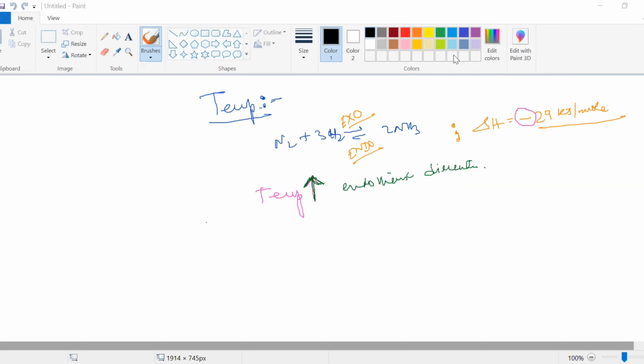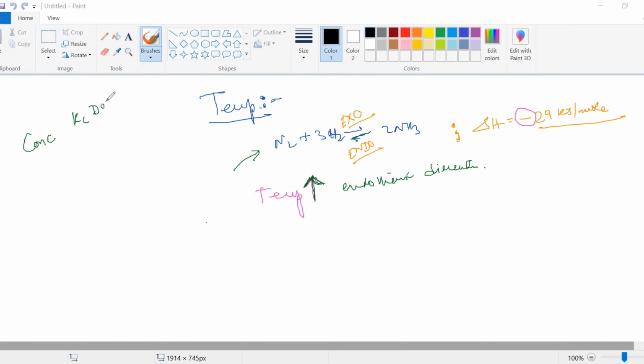Now, if you're increasing the temperature for this reaction, which direction does it move? It will move to the left. I forgot a very important part, I'm sorry. When you change the concentration, the Kc does not change.